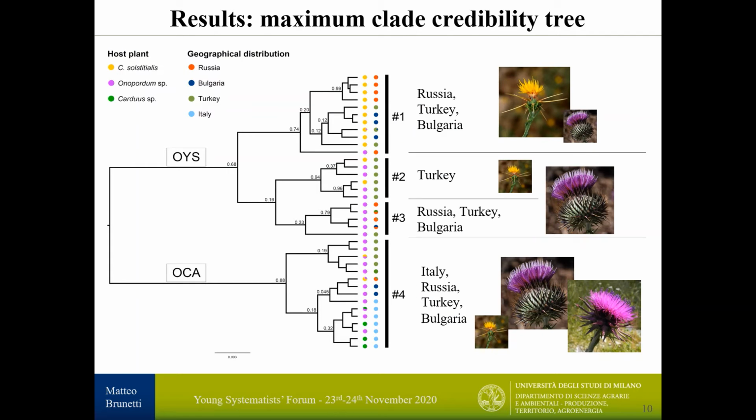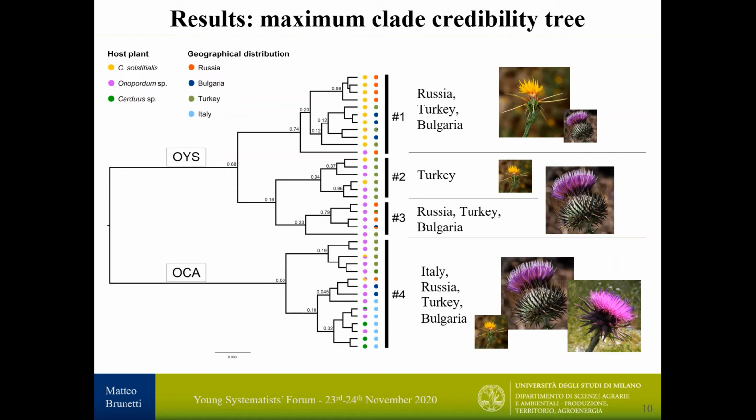Within these main clades, other groups with quite high support can be identified. The first is composed almost exclusively of individuals collected on Centaurea solstitialis, but it also includes a haplotype associated to Onopordum. The second group contains individuals associated to both Centaurea solstitialis and Onopordum, mainly Onopordum, while the third contains only a haplotype associated to Onopordum.